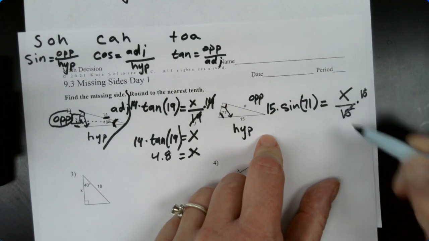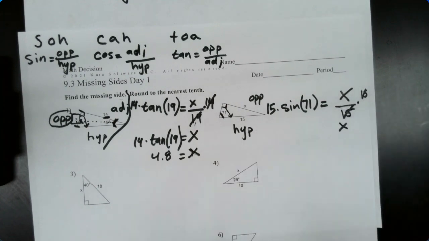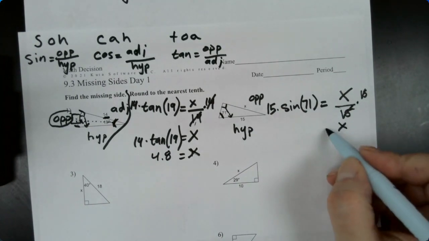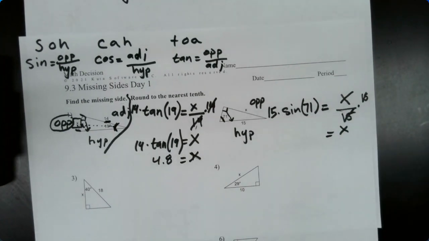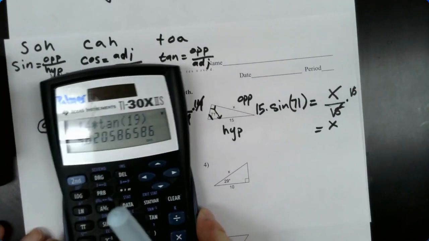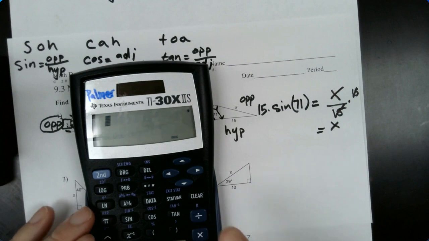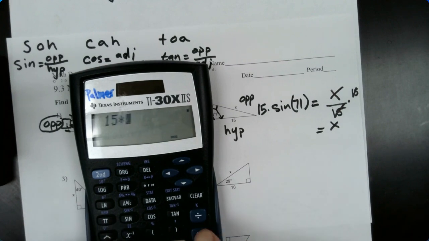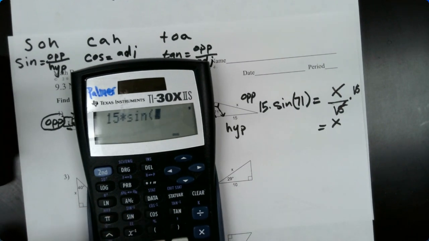This simplifies to 1. And then we get x equals this number. So then you just type that in. Okay, you guys are typing in good. I will also type it in. I'll try not to get too much glare. 15 times sine of 71.